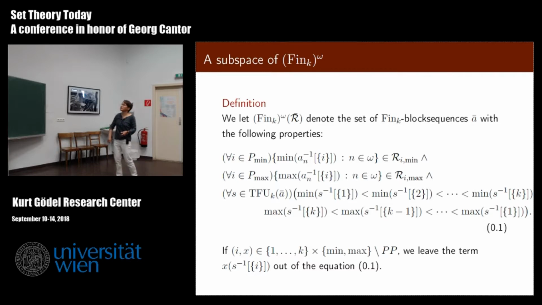I always take this order, maybe with some thinned out conditions here. Yeah, so this is the space now. And you could think of the full fin K, but here only sequences that respect some fatness condition here. If I drop too many from my sequence, I get out of the ultrafilter.